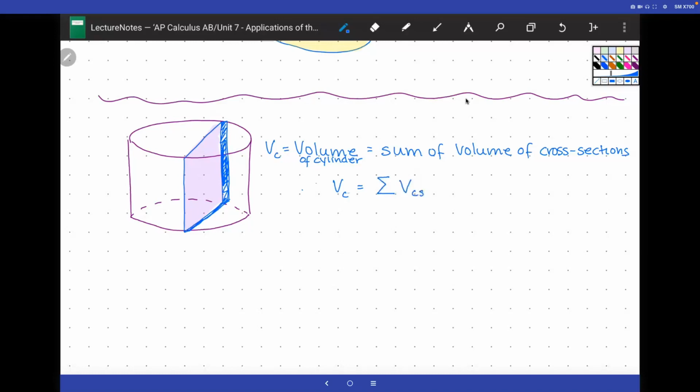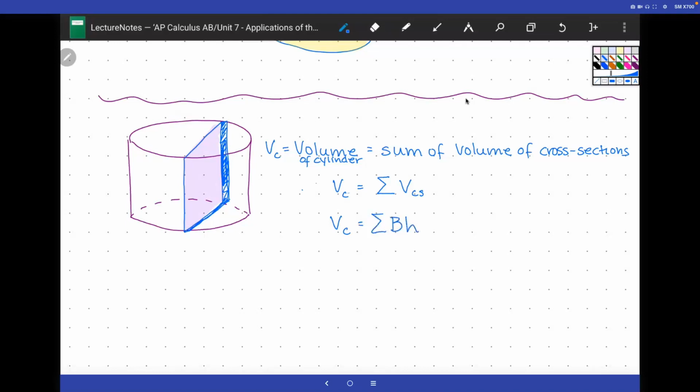But we know from up above, because these cross sections are basically very thin prisms on their side, the volume of the cylinder is the sum, and then instead of saying volume of the cross sections, let's say area of the base times the height of the cross section.